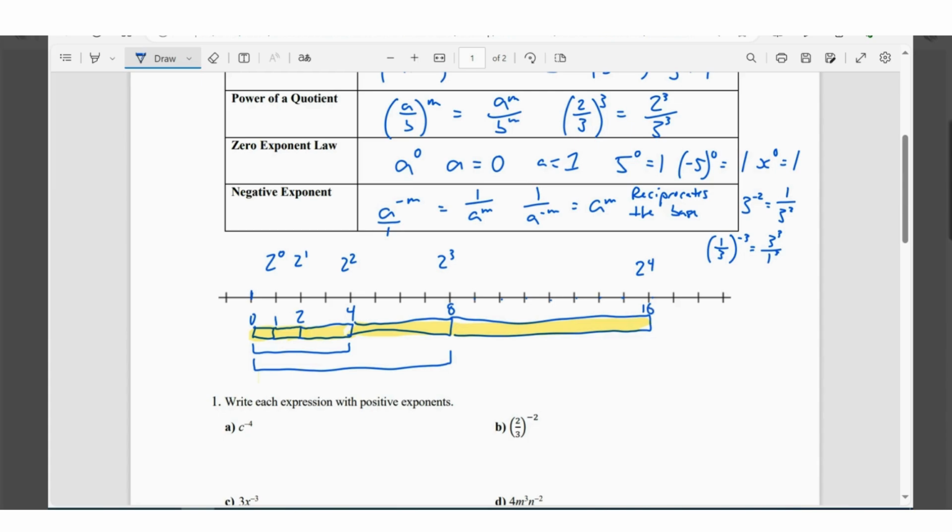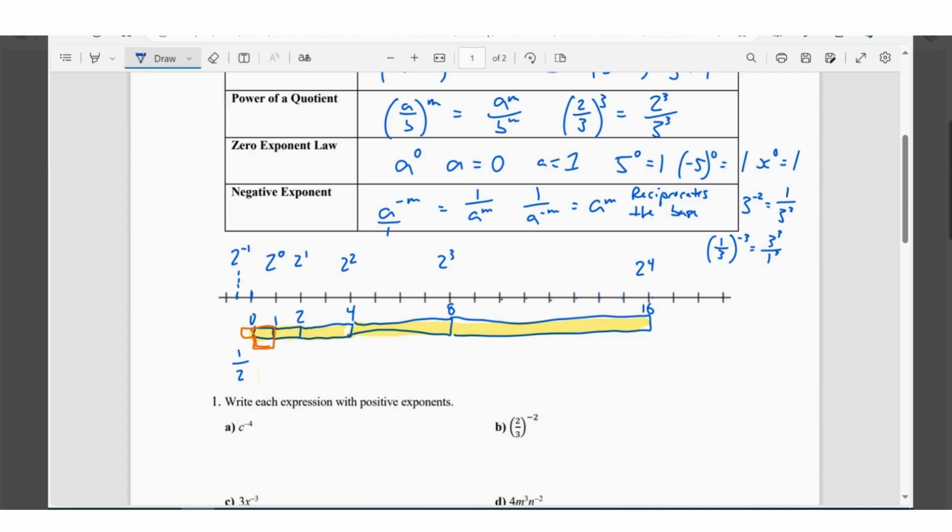So now what happens if we have 1 right here? What happens if we undouble that? What happens if we have the opposite of doubling this? I would say that we half that. So we end up right here. Half of 1, we're going to bring it to a half. So 2 to the power of negative 1 is going to land us at 1 over 2, so a half.